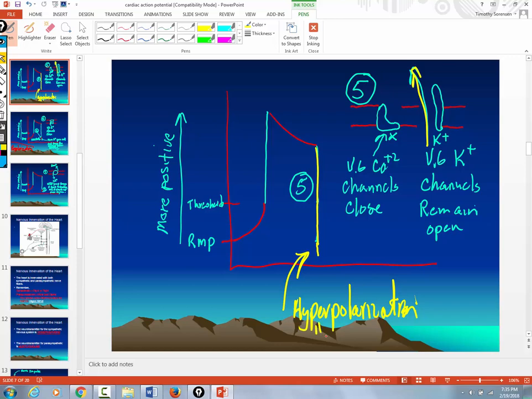In your book, they call it overshoot. You got me? And I'll explain why that's important in a minute. Just know that it happens. So now the charge inside that heart cell is actually more negative than resting.